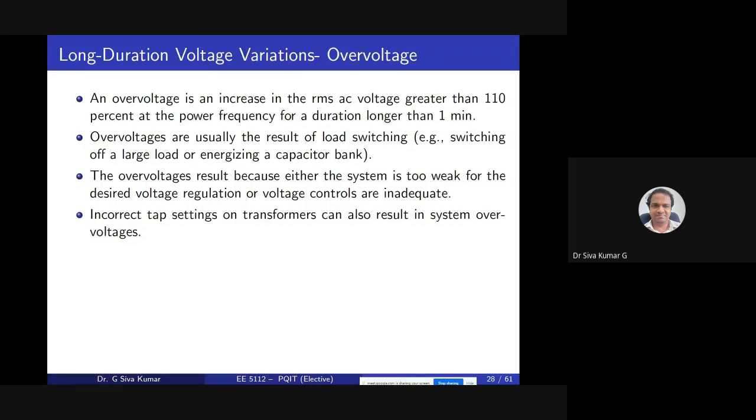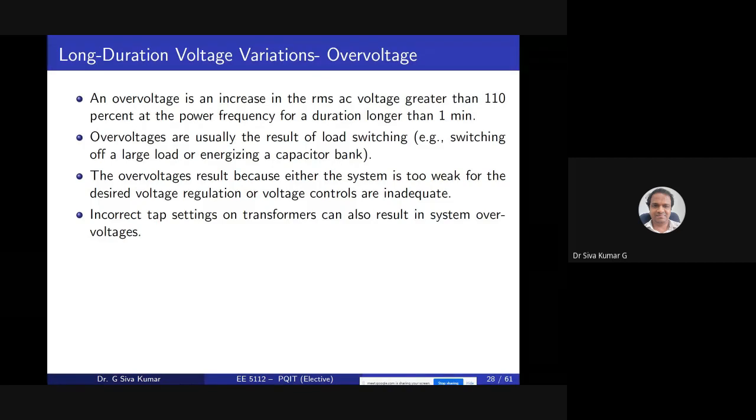The over voltage results because either the system is too weak for the desired voltage regulation. I was mentioning that the distribution system is a weak system. Okay, in a weak system we'll be having the voltage variations.